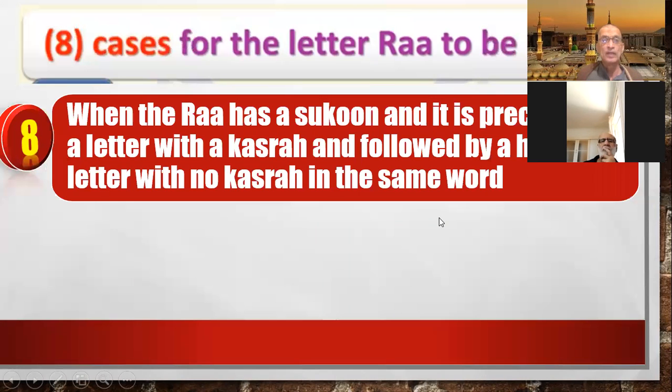Number 8. When the ra has a سكون and it's preceded by a letter with a كسرة and followed by a heavy letter with no كسرة in the same word. I explain the eighth case in detail.